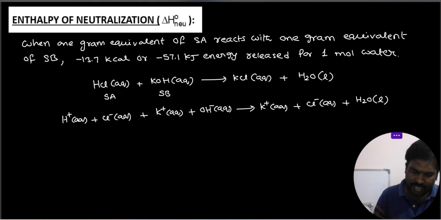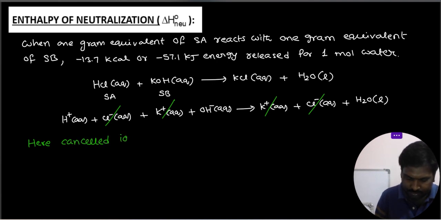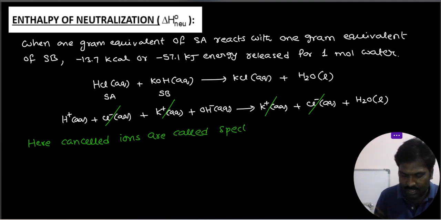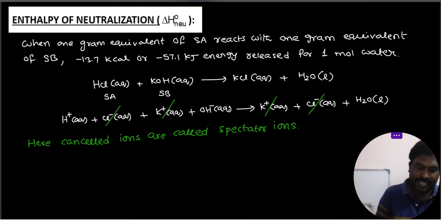Now here Cl minus you can cancel, and K plus is cancelled. Here the cancelled ions are called spectator ions.